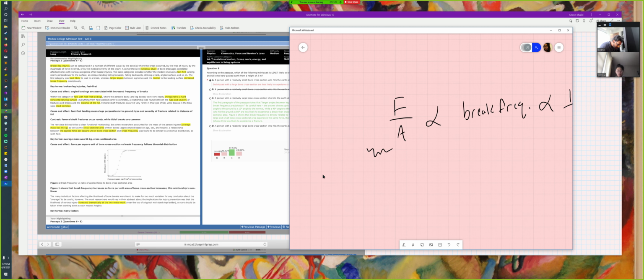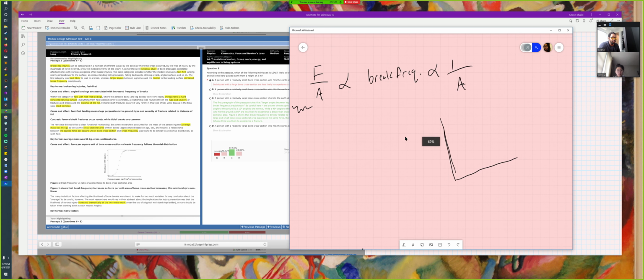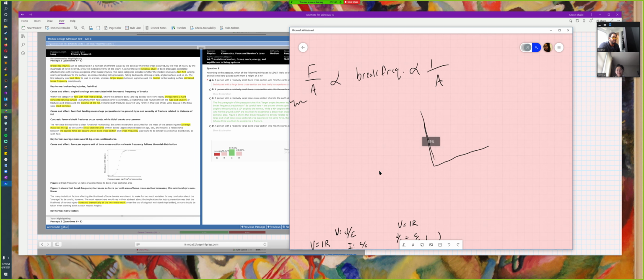By the way, tell me what an inverse proportion like this would look like on a graph. Like this? Okay, so it's actually going to look like this. Now, why do you think it would look like that?